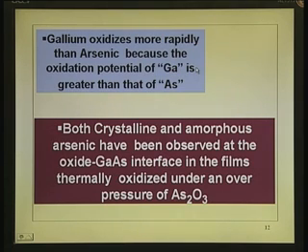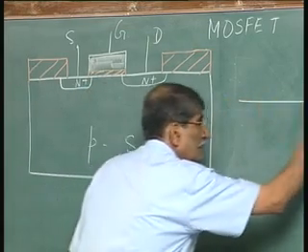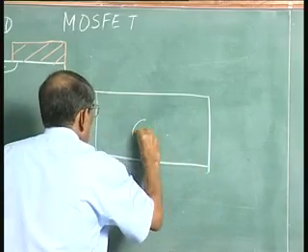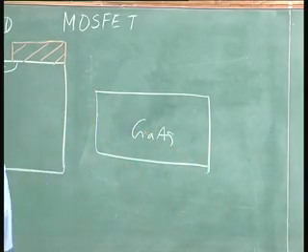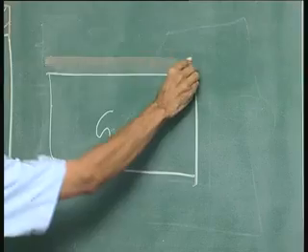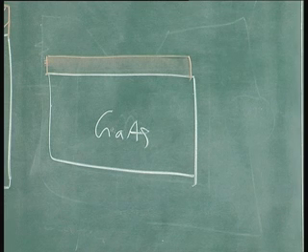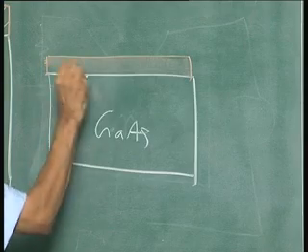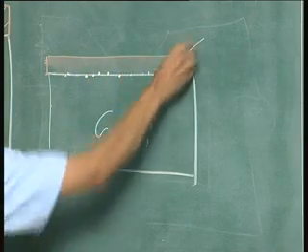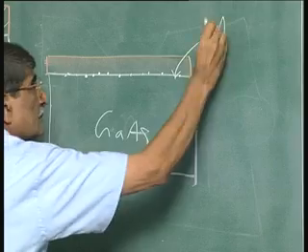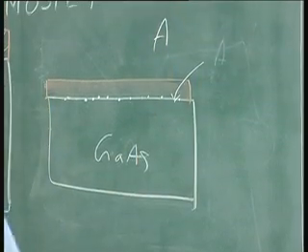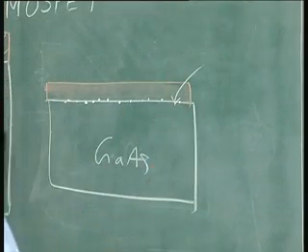Crystalline means polycrystalline. That means what you have is a layer here. If I have gallium arsenide here, and if I oxidize it like this with arsenic overpressure, which I thought is the solution for the whole thing, you will get at the interface, what is that? Arsenic. You get arsenic.